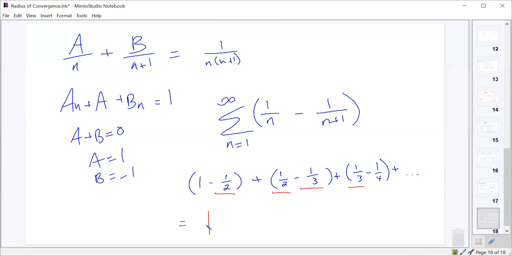And well, if we ever were to make it to infinity, we'd be left with that infinite term also, which would be equal to the limit as n approaches infinity of 1 over n plus 1, right? This last little piece, the second piece of each of these terms. And what's the limit as n approaches infinity of 1 over n plus 1?